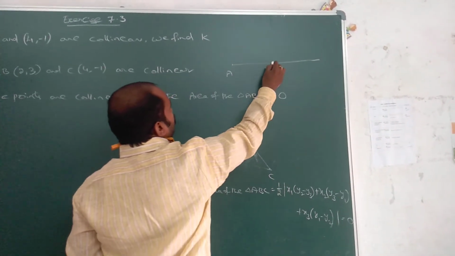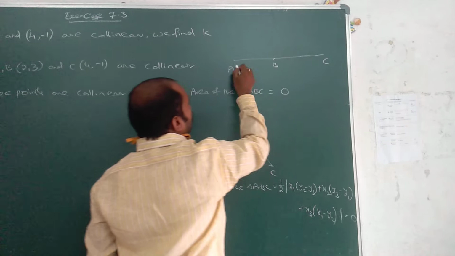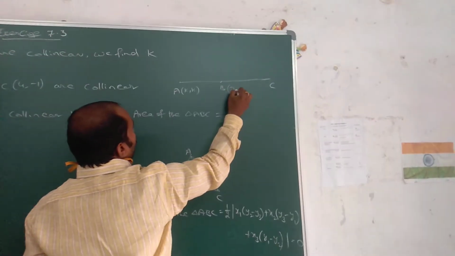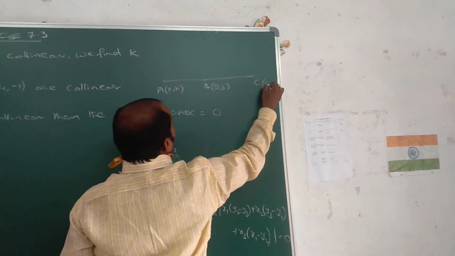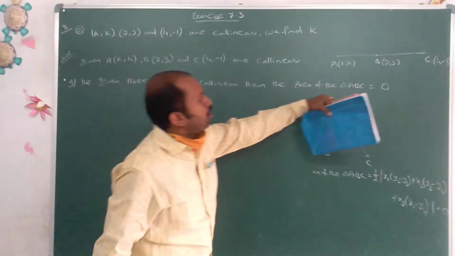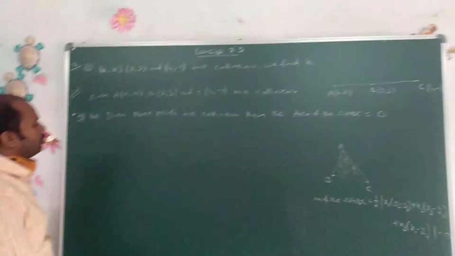Okay. A, B, C. The first one K comma K, the second one 2 comma 3 and the third one 4 comma minus 1. These 3 points are collinear, then the area of the triangle ABC equal to 0.